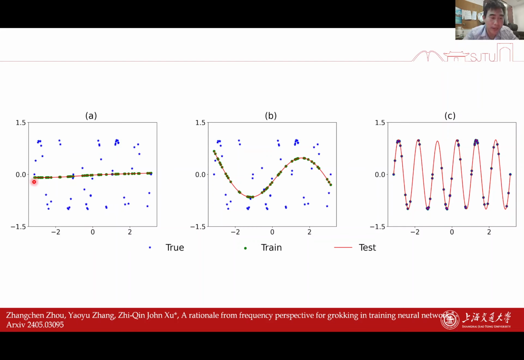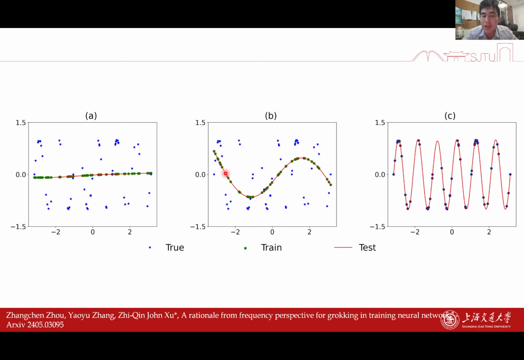During training, these green data points and the red curve are the output of the neural network. At the very beginning, they are different from the training data. But after some training steps, it learns a sin x function. That is because the training data shows a false low frequency, which is called the aliasing effect.